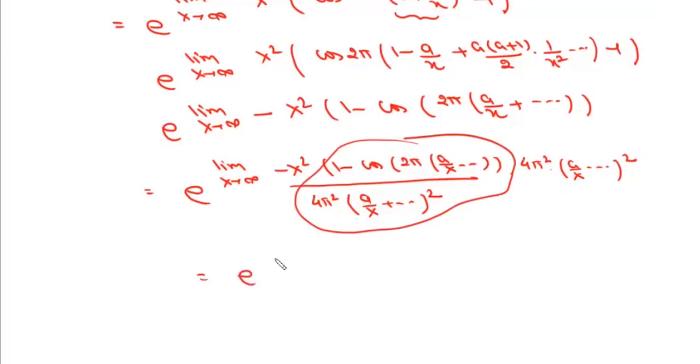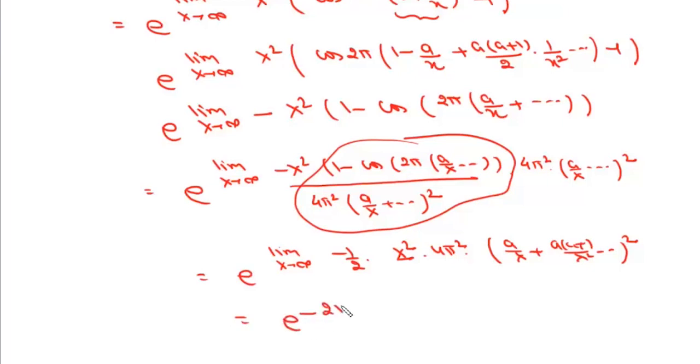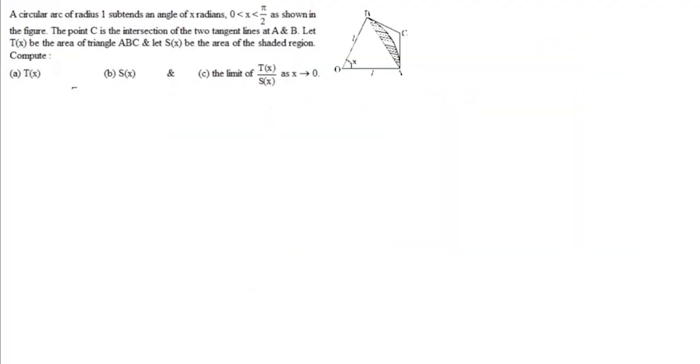So we can write this as e to the power and then this limit x tends to infinity minus 1 by 2 into x square into 4 pi square a upon x whole square. Now we multiply this x square, we'll get this a square. So it will be e to the power minus 2 pi square into a square, and that is the answer to this limit.